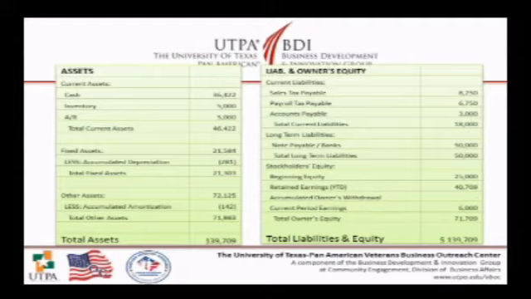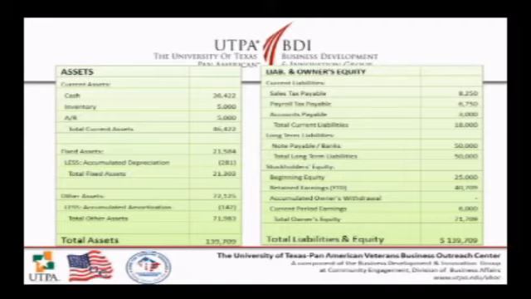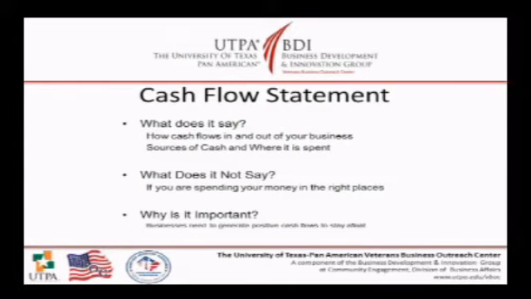And so if you look on both sides, the total assets are $139,709, and the total liabilities and equity is $139,709. This is why they call it a balance sheet. Basically, your assets need to equal your liabilities plus your owner's equity. And that's why it's the balance.